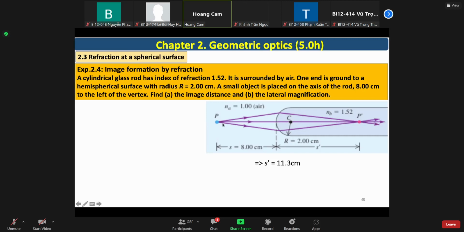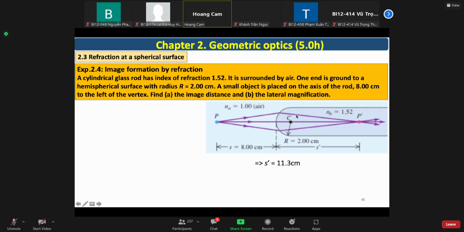We choose another arbitrary ray incident here, and then you can draw the normal by connecting the incident point with the center of curvature. As the incident ray is in air, with lower refractive index than material B, the angle of incidence should be larger than the angle of refraction.